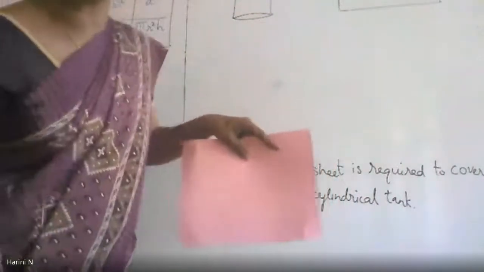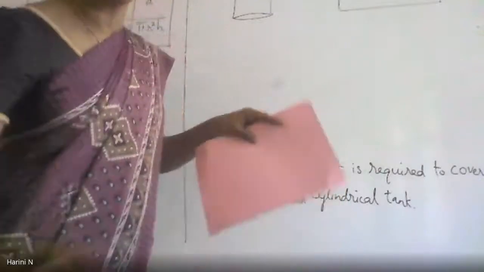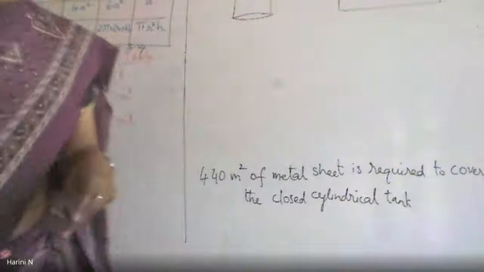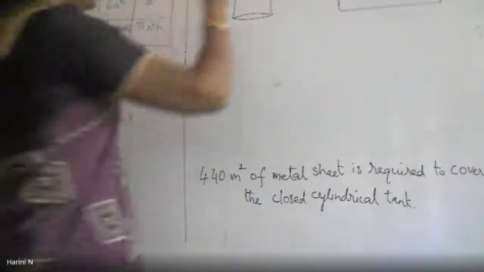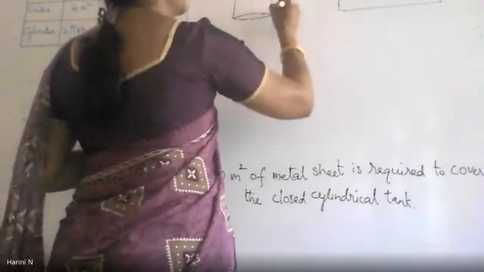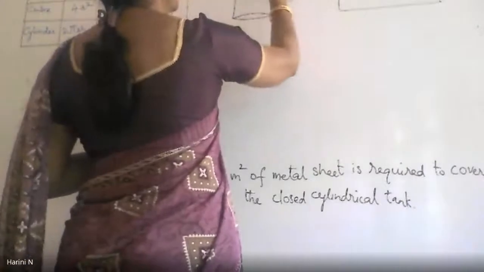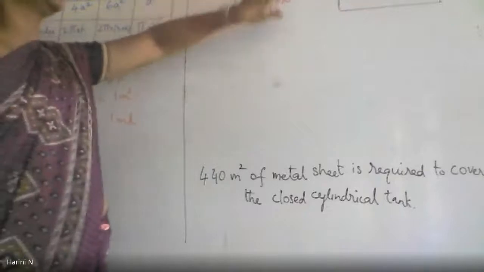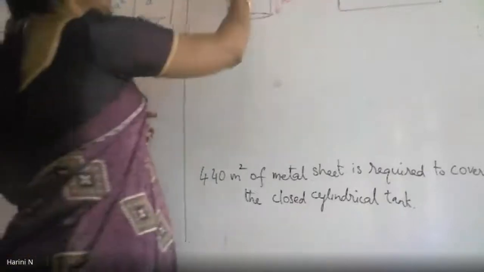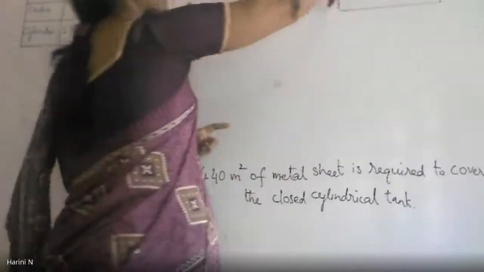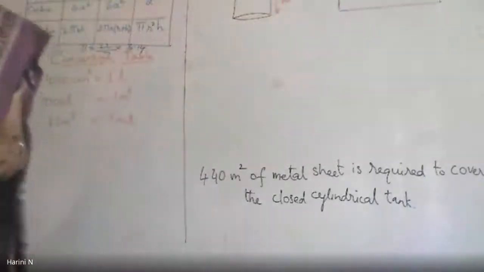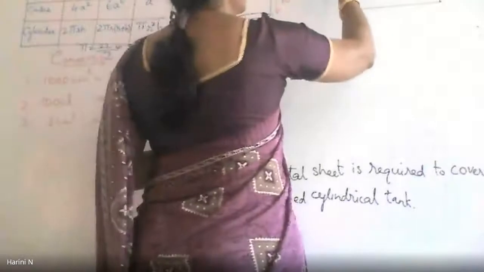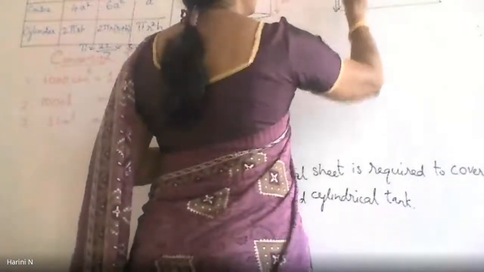Now you must carefully watch how the shape of the cylinder becomes a rectangle. This is the height of the cylinder, and this is the radius of the cylinder. When it is cut open and made into a rectangle, this height will become the width of the rectangle. Correct? This is the width, and this is the length.